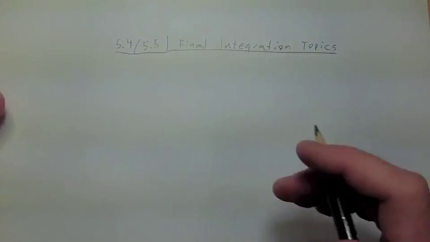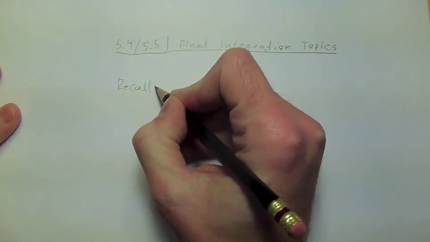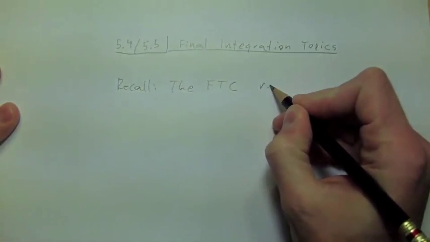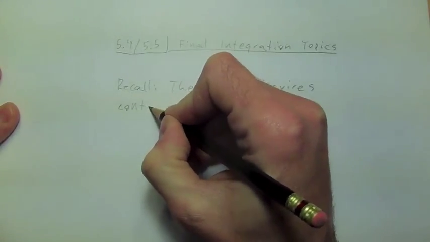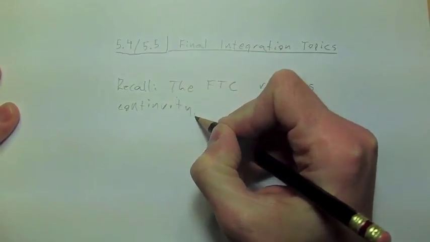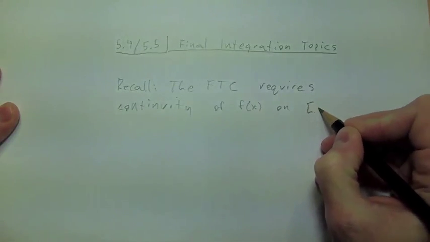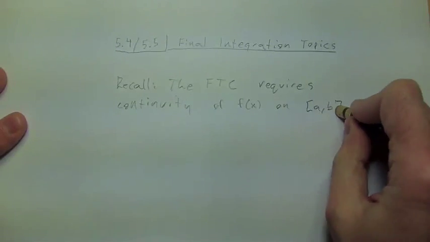Okay, the first thing I want to talk about is the continuity requirement for the fundamental theorem of calculus. So recall that the fundamental theorem of calculus requires continuity of the integrand f of x on, say, the interval a to b.